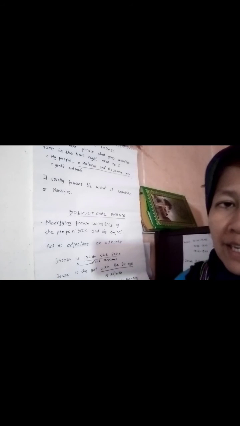The next is the prepositional phrase. It is a modifying phrase consisting of the preposition and its object, acting as an adjective or adverb. The example is, Jessie is inside the store. "Inside the store" is a verb complement for "is."